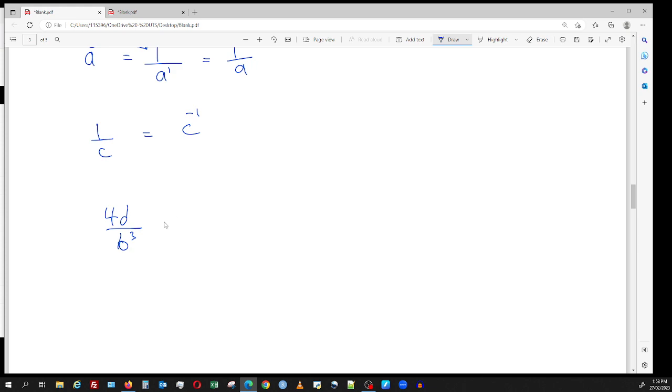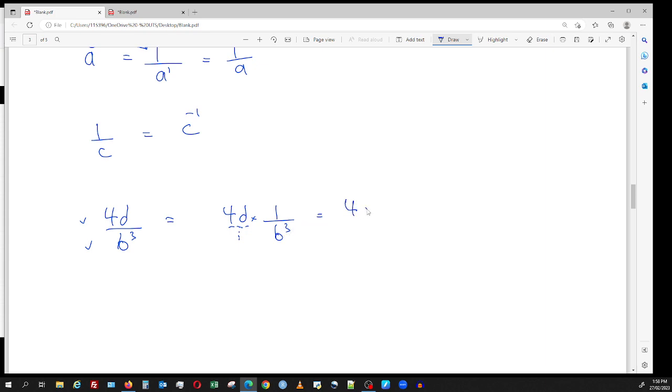So in this case, the way we want to think about it is that hidden in all of that can be written a reciprocal. Okay, it's just a times an imaginary 1. 4d times 1 is 4d tick. b3 times 1 is b3 tick. So what we can do is treat the reciprocal as if it's affecting the b cubed only.